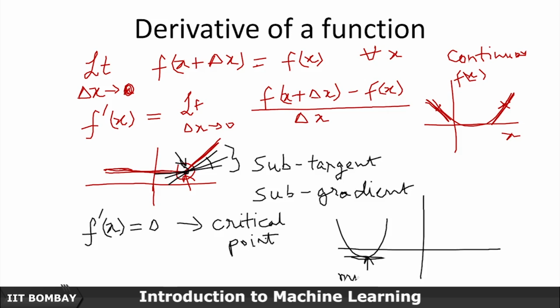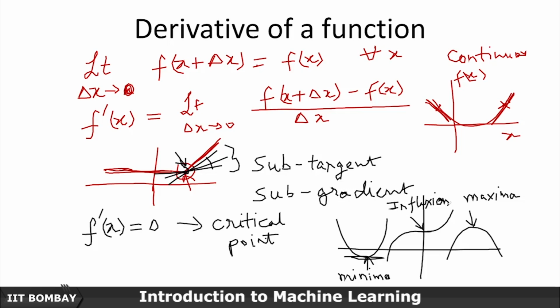This is a minima critical point. You can have a point that is a local maxima critical point, or you can simply have something that becomes flat and then goes up again. So, this particular point is an inflection point. So, there are different types of critical points.